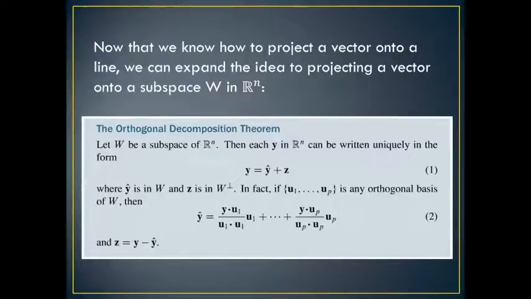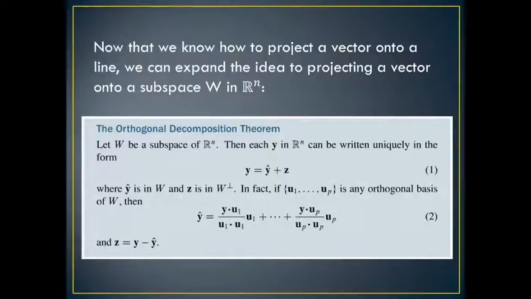The orthogonal decomposition theorem says that if we let W be a subspace of Rn, then each vector y in Rn can be written uniquely in the form y equals y hat plus z, where y hat is in W and z is in the set of vectors orthogonal to W. In fact, if u1 through up is any orthogonal basis of W, then we can find y hat just like we did for projecting a vector onto a line, where we do y dot u1 over u1 dot u1 times the vector u1.